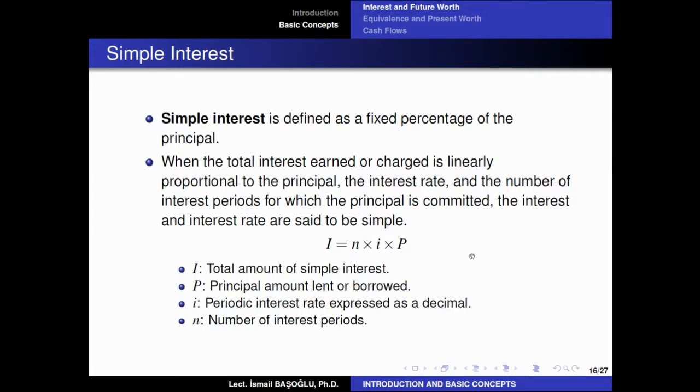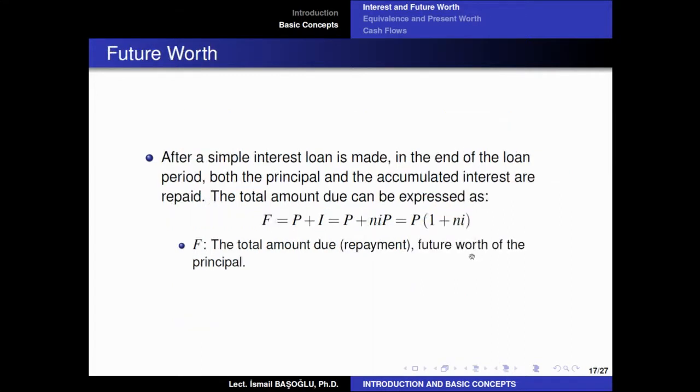So let's use that formulation to calculate the future worth of an initial principal. Now, after a simple interest loan is made, at the end of the loan period, both the principal and the accumulated interest are repaid. So if you borrow the principal amount, at the end of the contract period, you are going to pay the principal amount plus the interest amount.